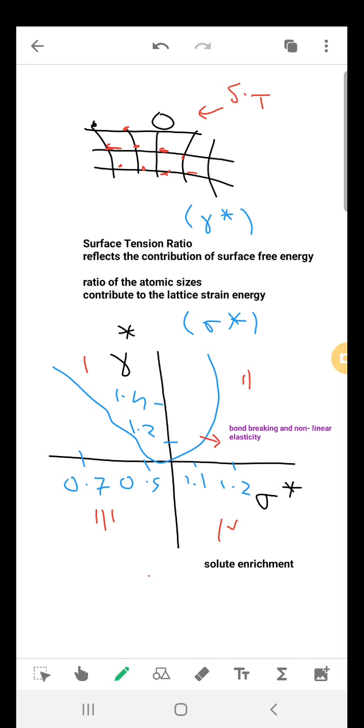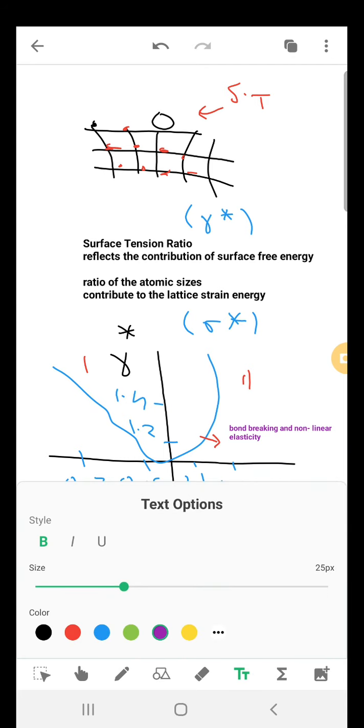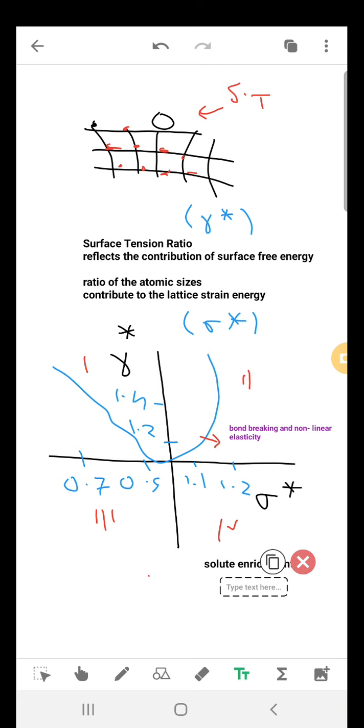Coming to our next region. So this quadrant represents solute segregation, whereas this quadrant, where both the surface tension ratio is high and the ratio of the atomic sizes is also high, indicates surface solute enrichment.